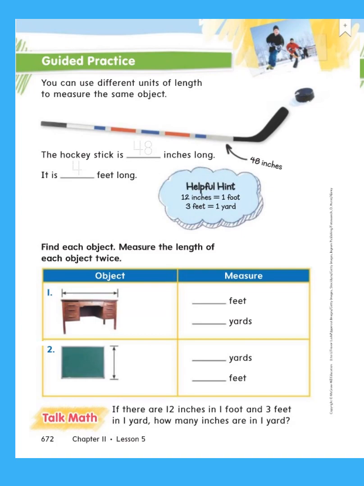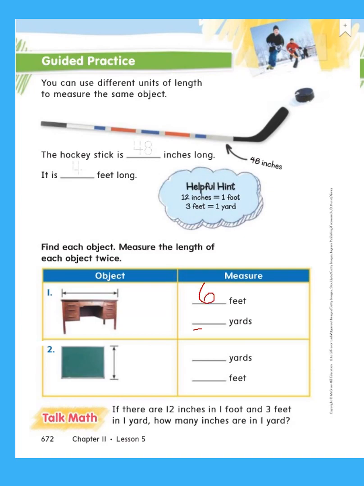So if we were together, we would measure one time in feet and one time in yards, or one time in inches and one time in feet. What's going to happen here is I'm going to give you one of the measurements. Now, for this desk, I'm going to say that it is 6 feet wide.